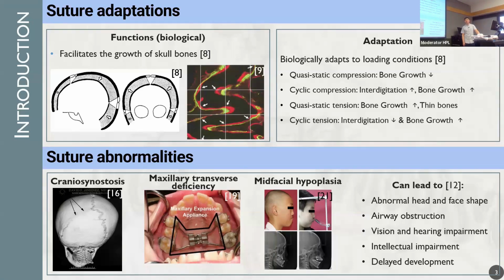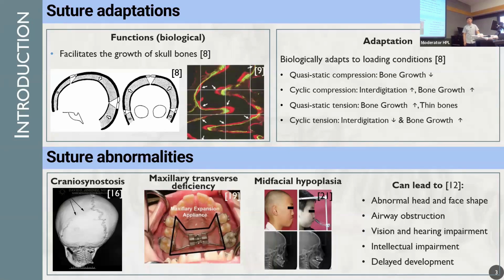Thanks for the talk, Tomo. I was wondering, your method seems to be a great approach to figure out normal levels of strain and how that changes over time. Is the idea with the abnormalities that you bring up at the bottom of this slide that, during development, as babies are developing, you can identify when something's not going well?